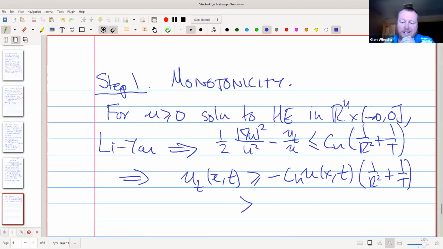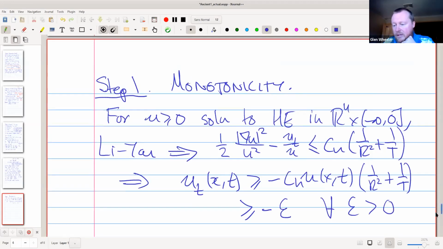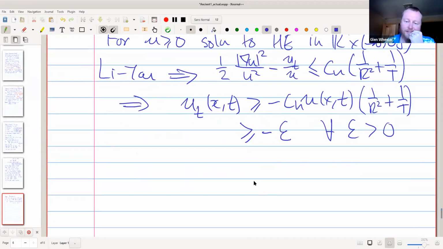So what this actually is saying is that u_t is greater than or equal to minus epsilon for all epsilon greater than 0. And as we teach our baby analysis students, this means the only way this can be true is if u_t is actually greater than or equal to 0. And that's step 1. Isn't that easy? Easy step 1.